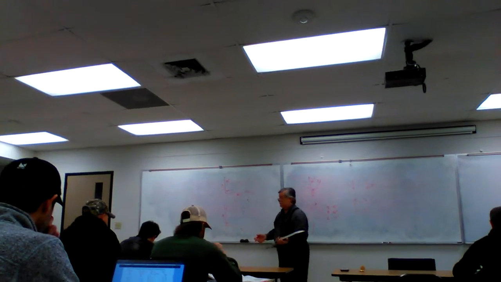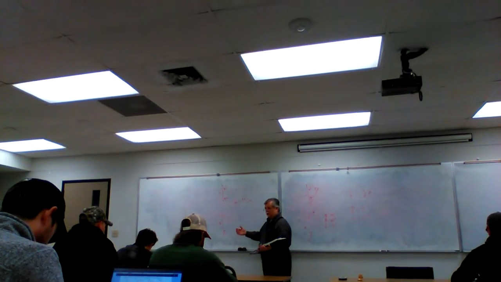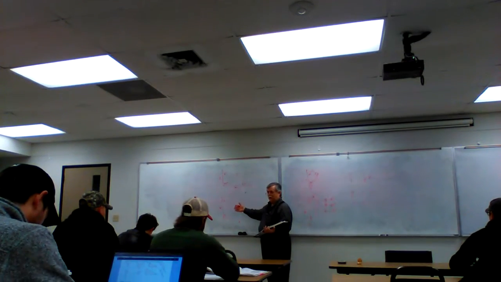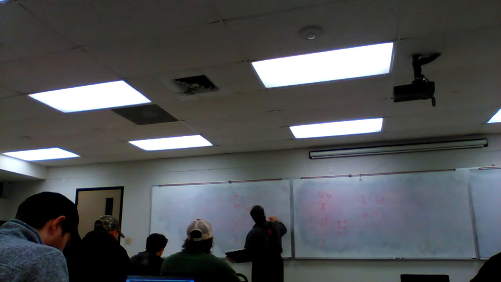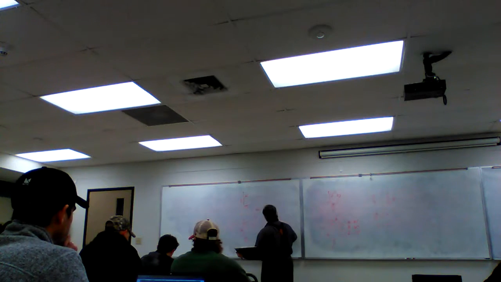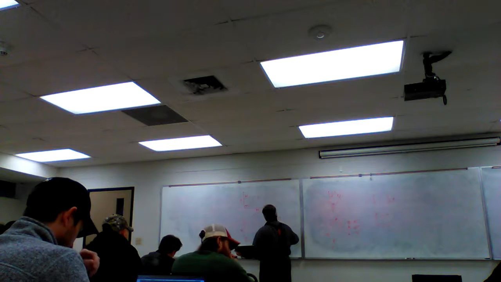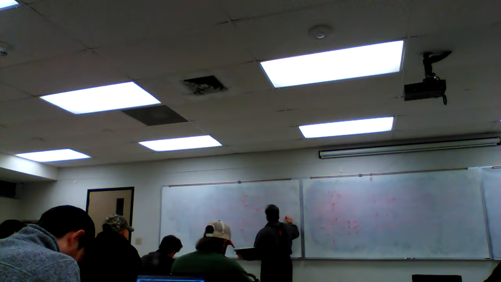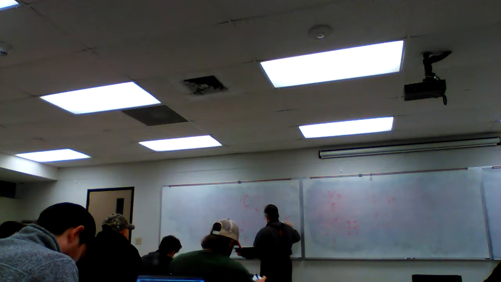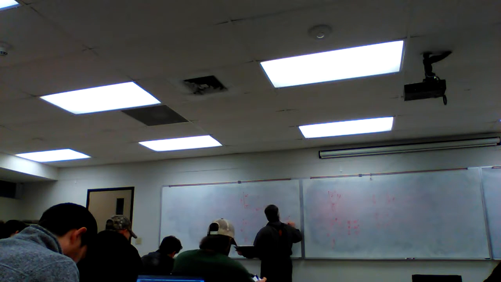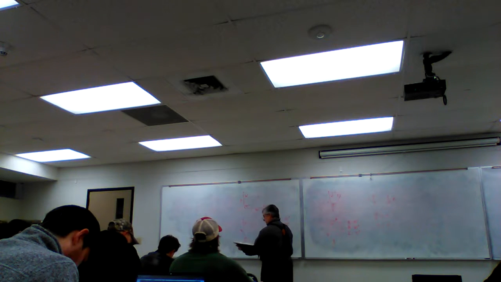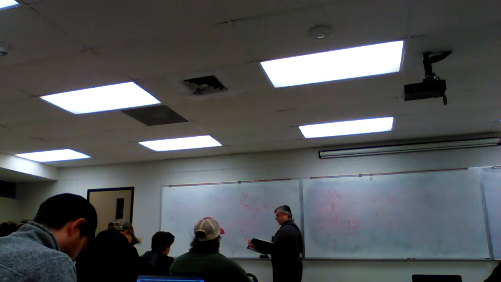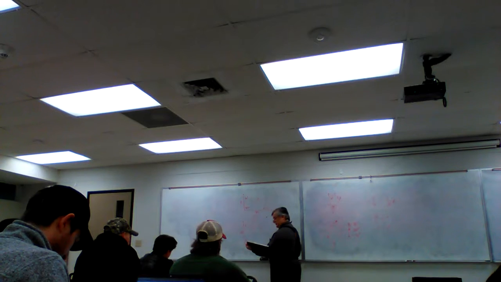So again, because they're similar, we immediately know all three of the angles are the same. So A, B, and C are 60, 95, and 25 degrees. And now they want us to find the value of X.